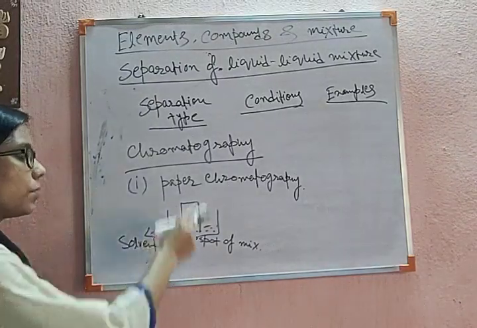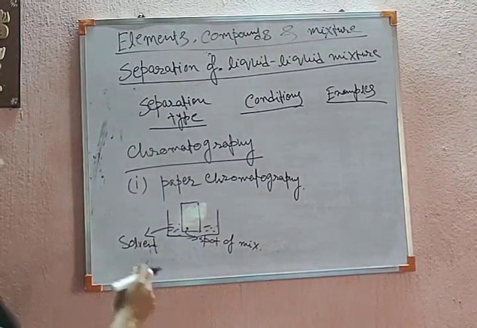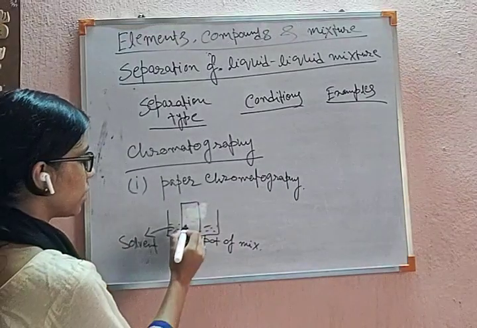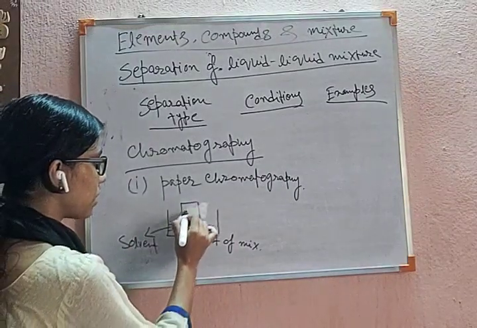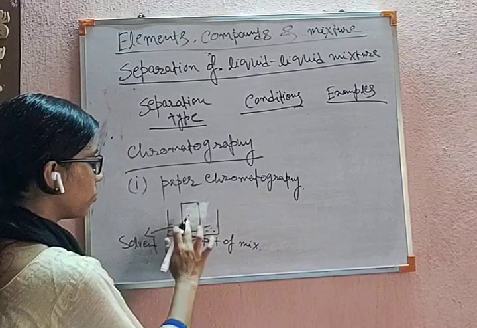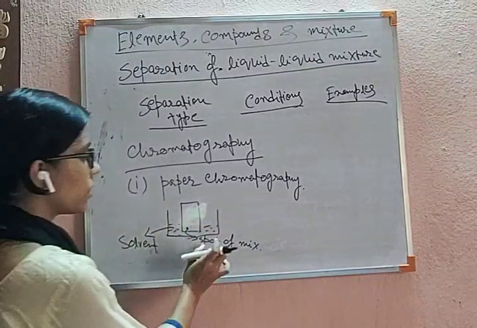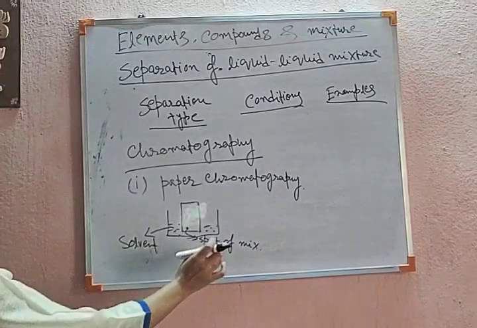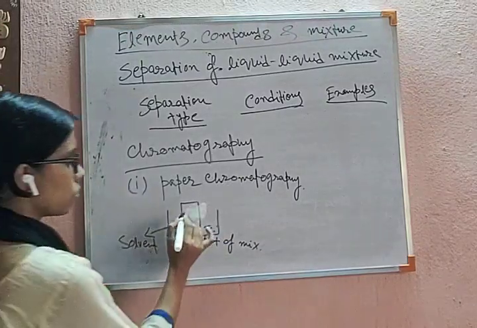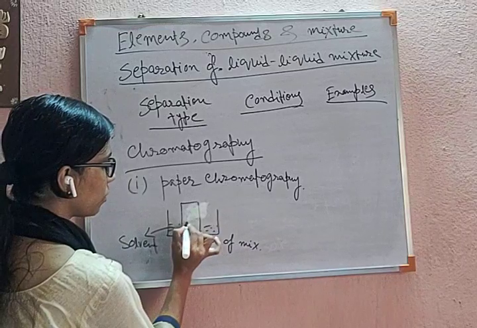When we dip that paper in that solvent, the spot moves like this. The spot moves upward, and after moving, the mixtures are separated. Suppose it contains two liquids in this mixture. So we get two spots here.